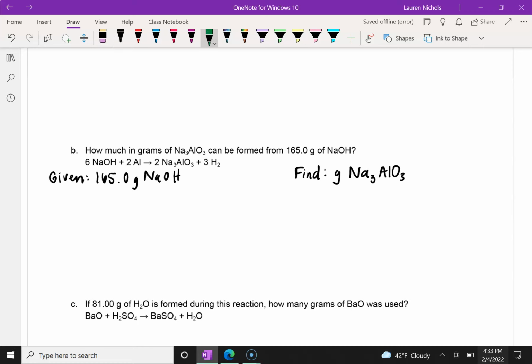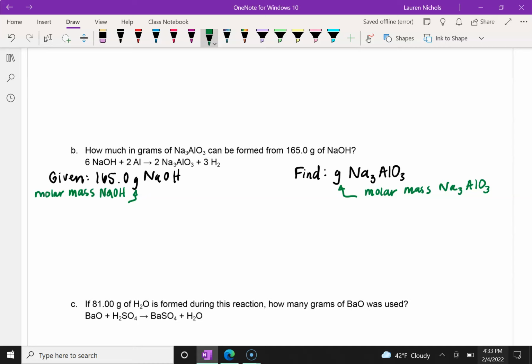So we look for our clues. The clue for molar mass is grams. So I see grams in 2 different places. Here, this means the molar mass of NaOH. And then this one means the molar mass of sodium aluminate.